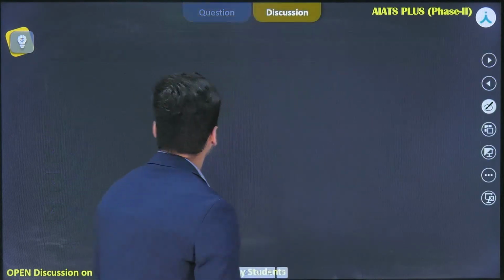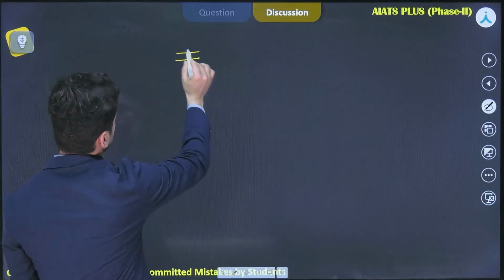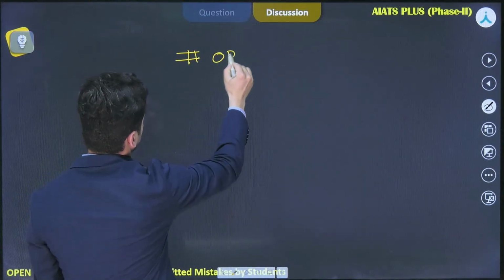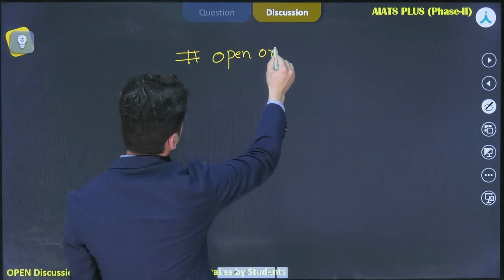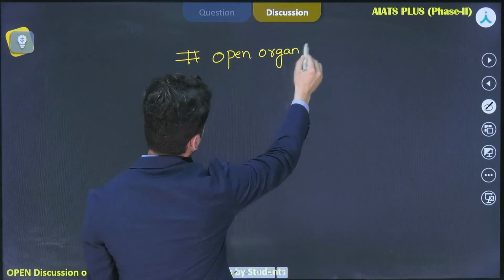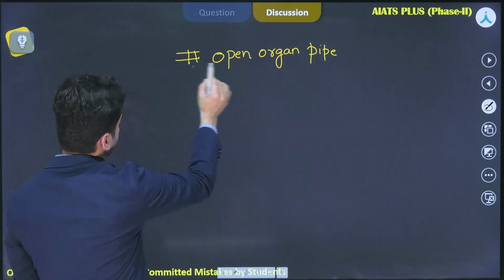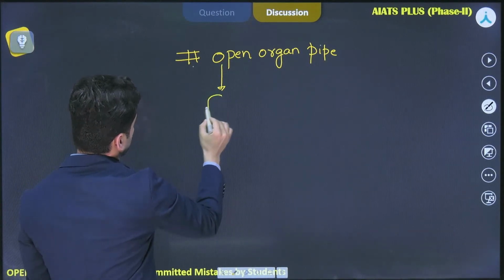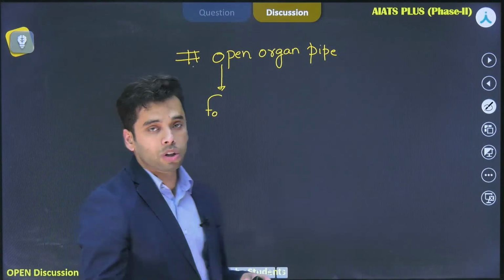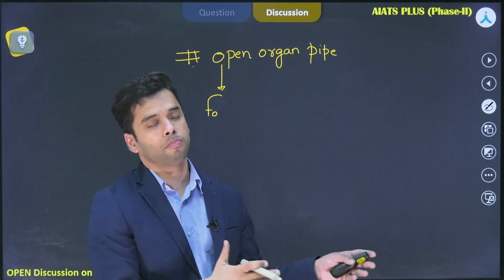Now suppose I would have been given the fundamental frequency for an open organ pipe. Let's talk about the open organ pipe. If the fundamental frequency for the open organ pipe is F0, what is the difference between the harmonics of closed and open organ pipes?